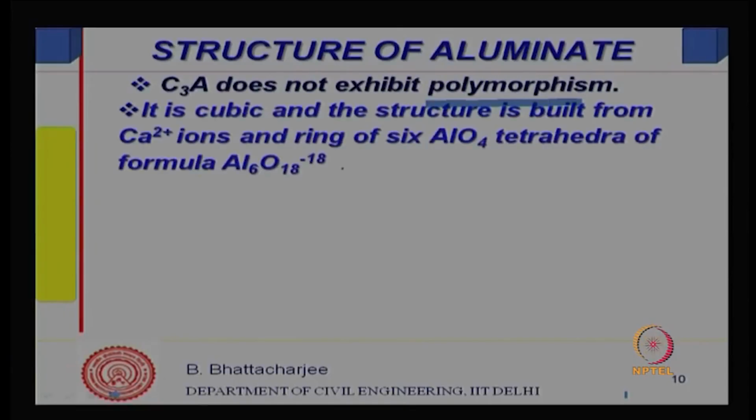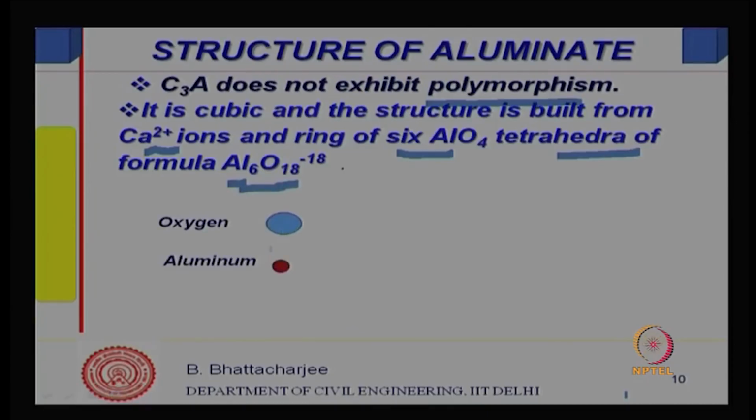It has got a cubic structure of Al6O18 with 18 negative valency. So, the cubic structure is built from calcium ions and rings of 6 AlO4 tetrahedra of this formula. Let us see this one.